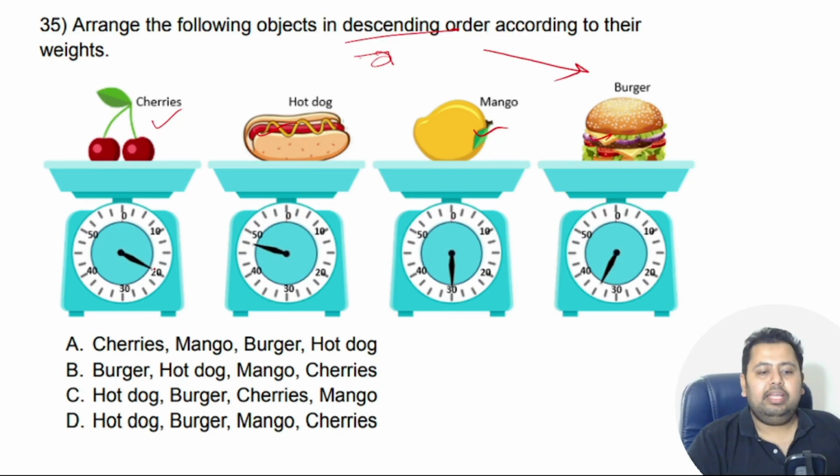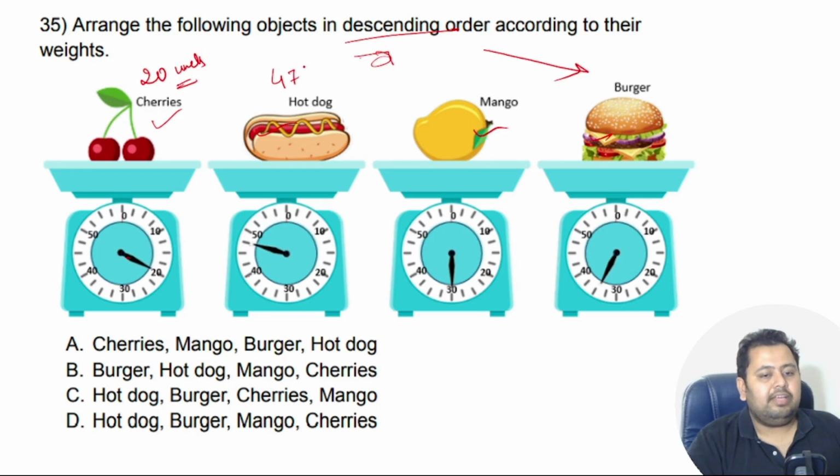So cherries, what is the weight of cherry? The weight of cherry is 20 units, right? It can be any unit, it can be kgs, grams, whatever it is. Hot dog is how much? Hot dog, here you can see this is 40, this will be somewhere around 47.